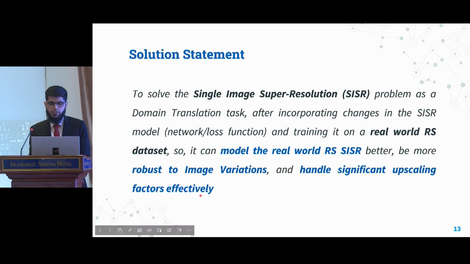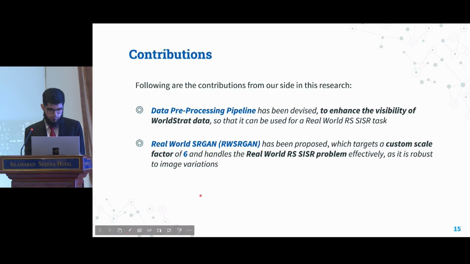And the solution statement here is to solve this SISR problem as a domain translation task after incorporating changes in the SISR model either on the network side or loss function, and training it on real world remote sensing data so it can model real world remote sensing images better, is more robust to image variations, and can handle significant upscaling factors effectively.